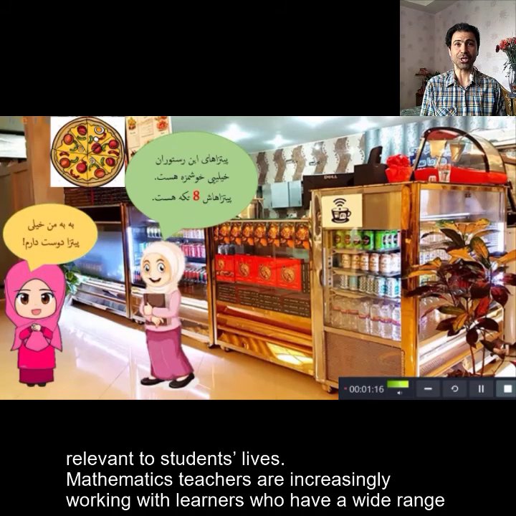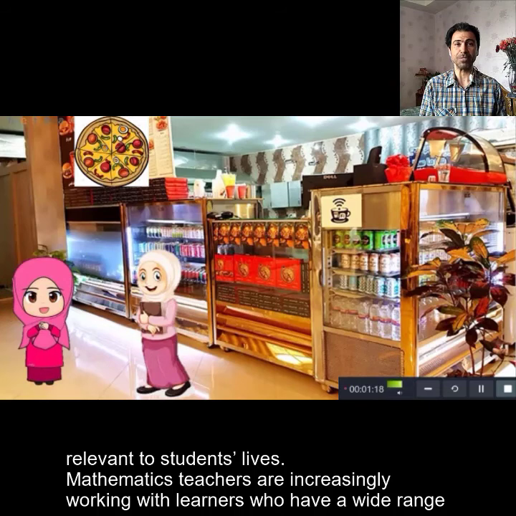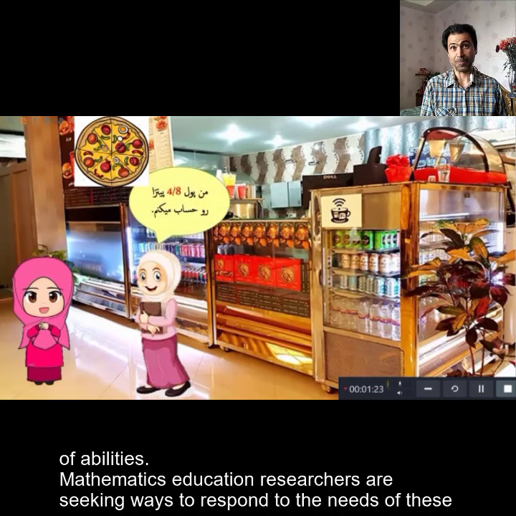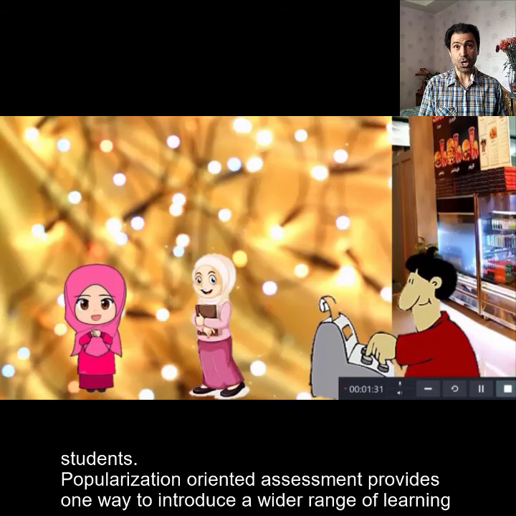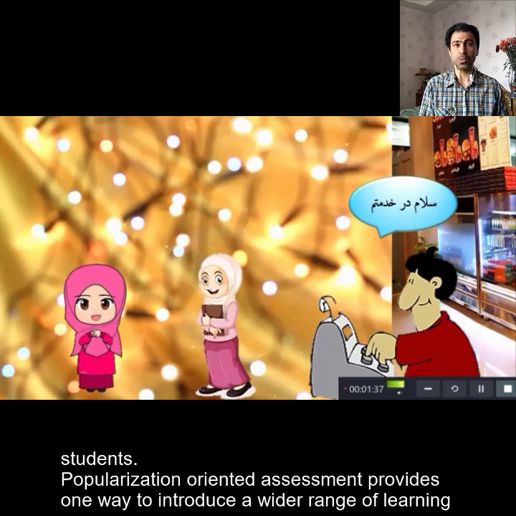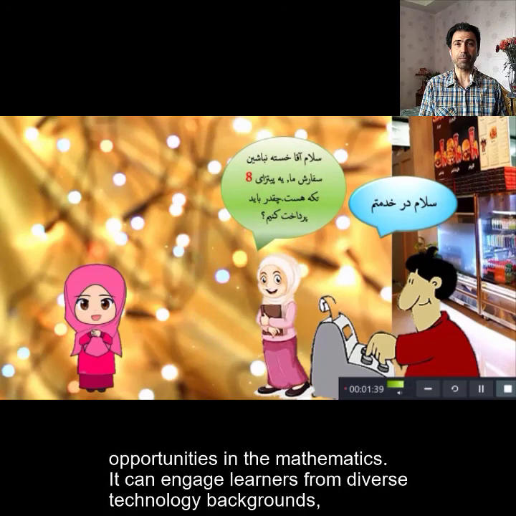Mathematics teachers are increasingly working with learners who have a wide range of abilities. Math education researchers are seeking ways to respond to the needs of these students. Popularization-oriented assessment provides one way to introduce a wider range of learning opportunities in mathematics.